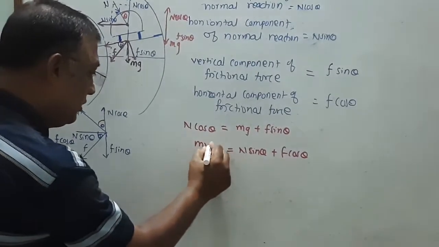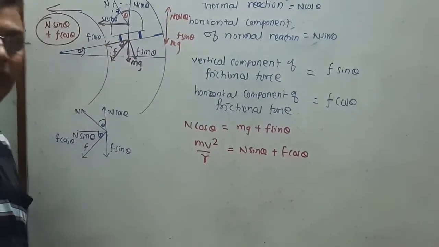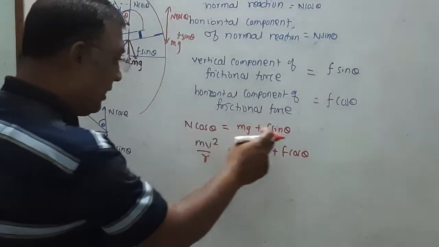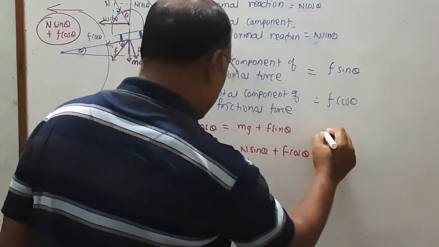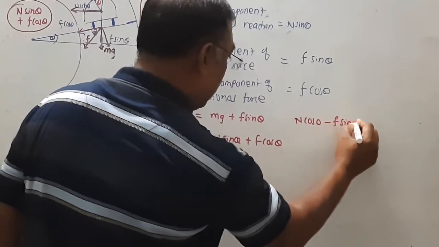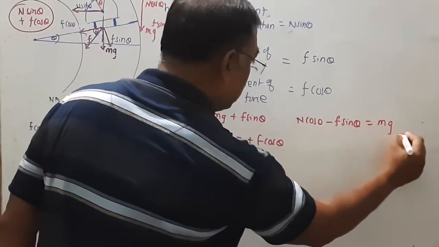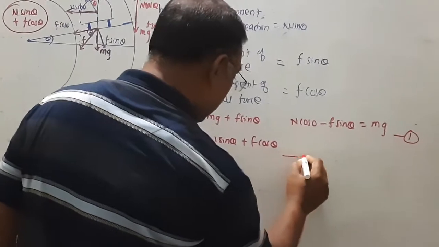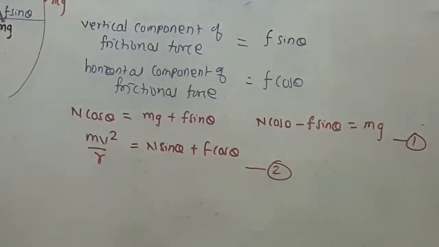That is nothing but the centripetal force. This equation I can write as N cos of theta minus f sin of theta is equal to mg. This is equation number 1, and the other is equation number 2.